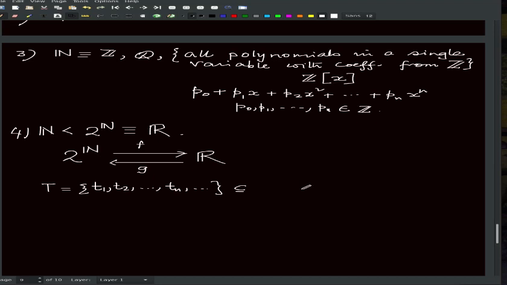And I take by F this infinite sum. And I leave it to you to show that F is injective.